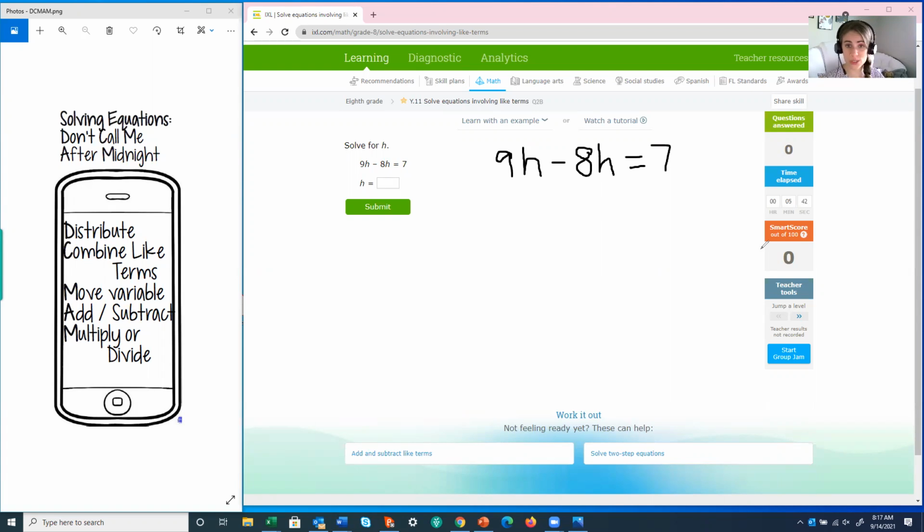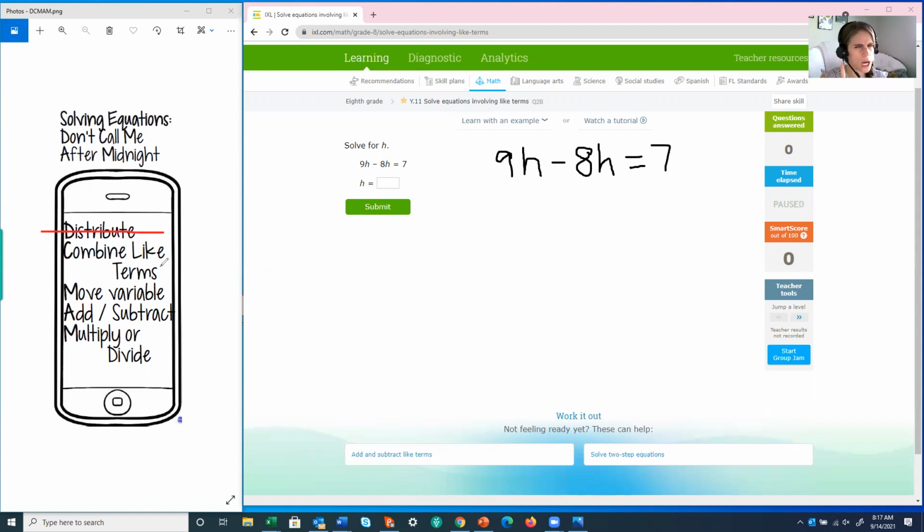All right, if we use that mnemonic, "Don't call me after midnight," the first thing we're looking for is to see if we need to distribute anything. Well, I don't need to distribute anything because I don't see any parentheses, so we can just cross that off our list. Next is combining any like terms.